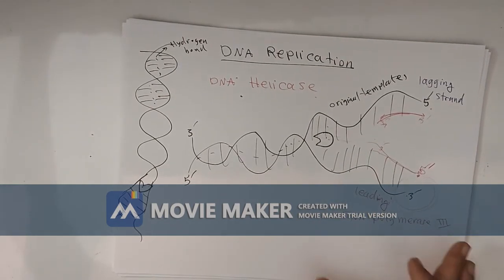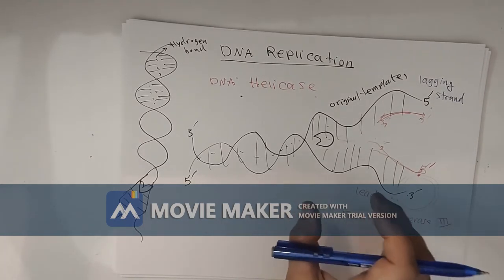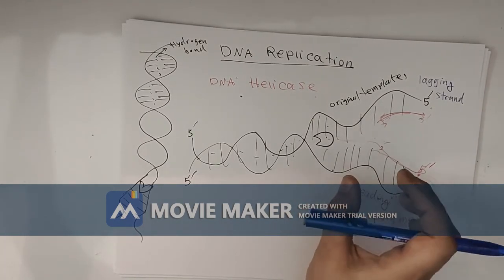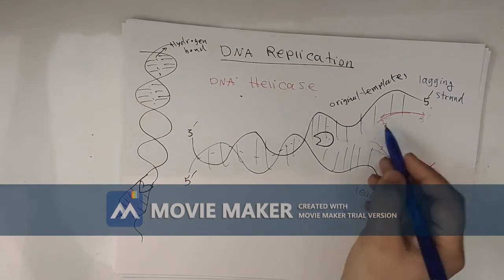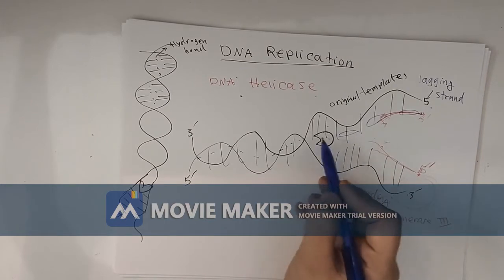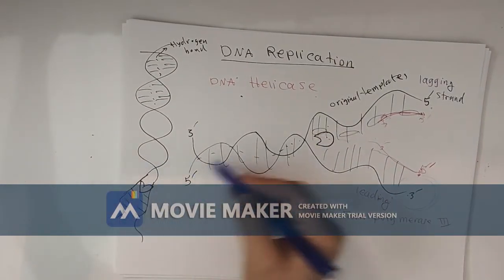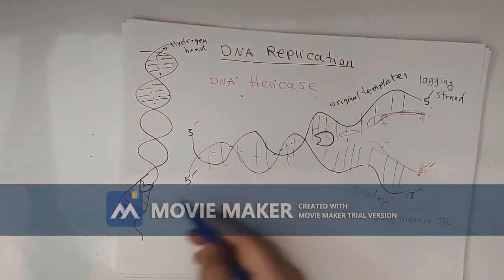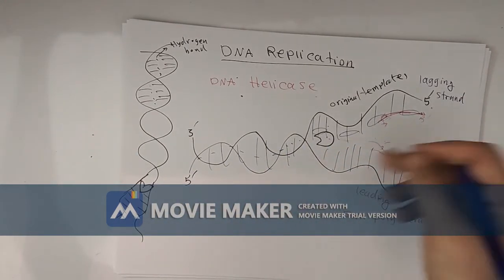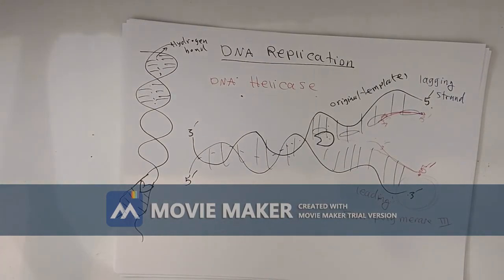What actually happens is that the replication happens in very small little sections. One section here will be replicated, one section here, one section here. This doesn't happen all along the whole strand with the template.